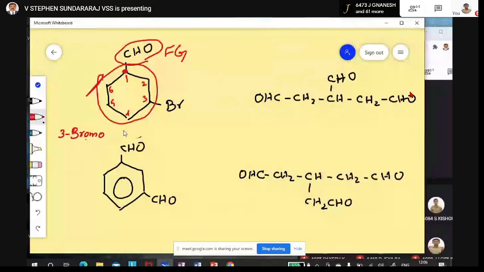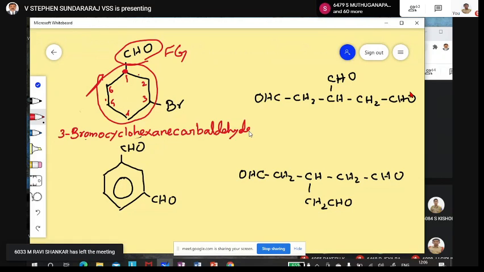Then 3 bromo cyclohexane. Cyclohexane, see that all single bond. Cyclohexane, that is the root word, and E also I will write, and carbaldehyde. Okay, so if this CHO carbon atom is included in the longest chain, Al.